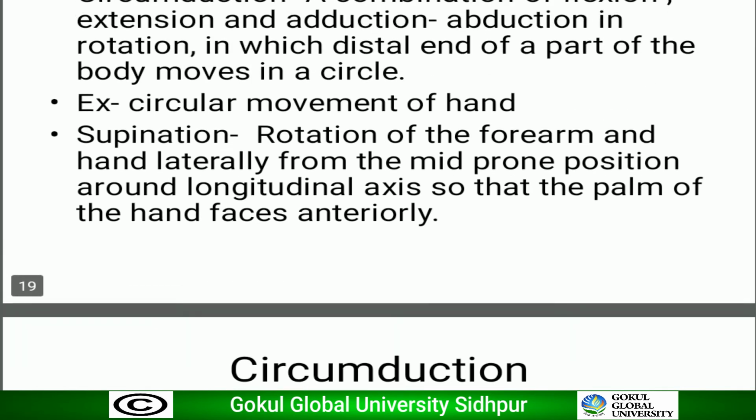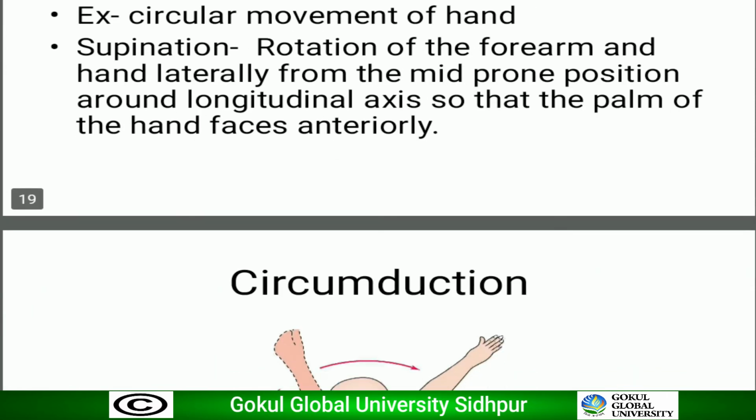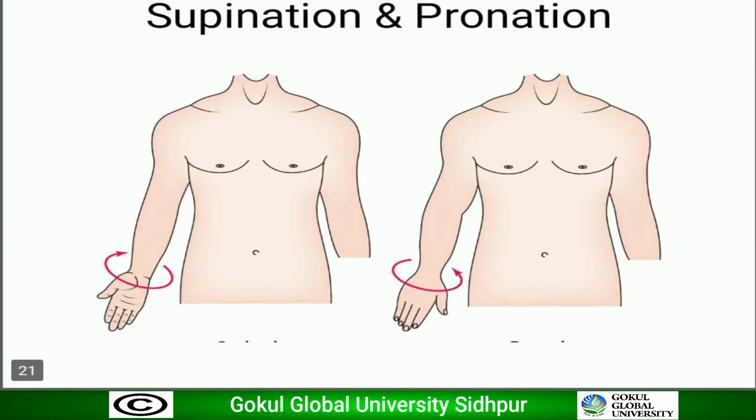Now supination, rotation of the forearm and hand laterally from the mid-prone position around the longitudinal axis so that the palm of the hand faces anteriorly. Supination and pronation. In the first diagram, supination, rotation of the forearm so that the palm faces anteriorly.